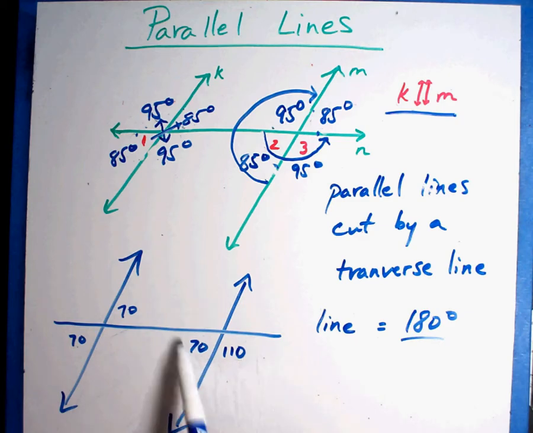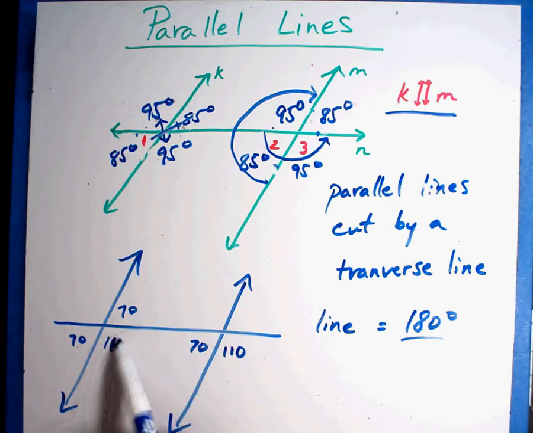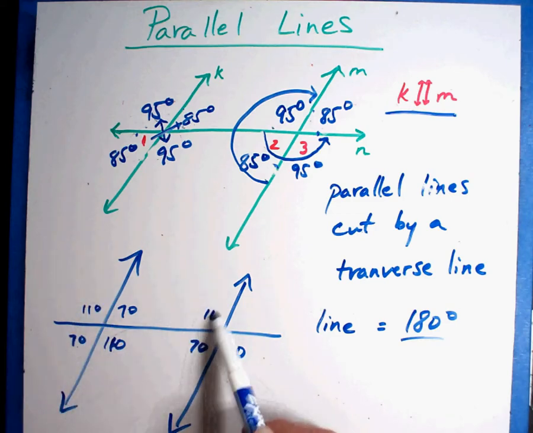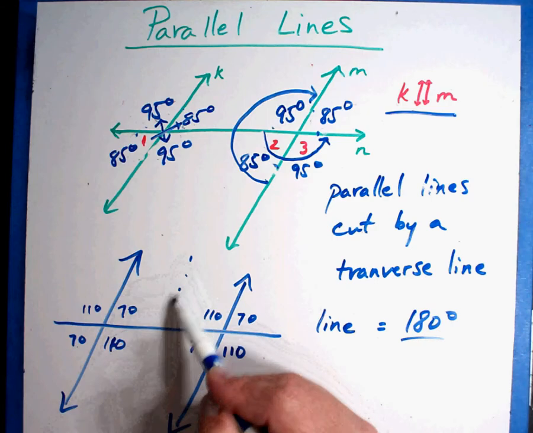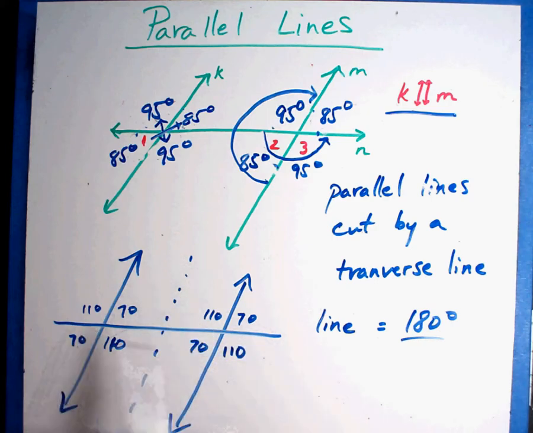Do these two on this line equal 180? 110 and 70 is 180. If this is 110, then this is also 110. If that's 70, then that's 70. Notice how they match. It's a mirror image. If I could cut it right here and pick this one up and lay it there, it's exactly the same picture. So I can figure out any of the angles based on a piece of information that they give me.